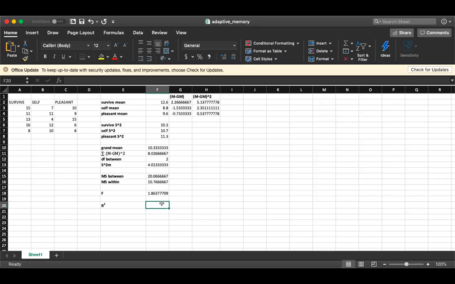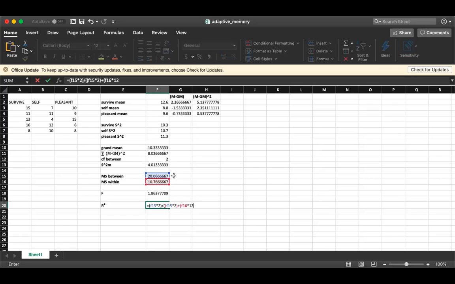Okay, so there'll be a lot of parentheses here since we have so many operations, but R squared equals open parentheses mean squared between, F15, times degrees of freedom between, which is 2, divided by open parentheses again, mean squared between, F15, times degrees of freedom between, 2, plus, open parentheses, mean squared within, F16, times degrees of freedom within, which we remember is 12, so the number of total participants minus the number of groups, 15 minus 3.